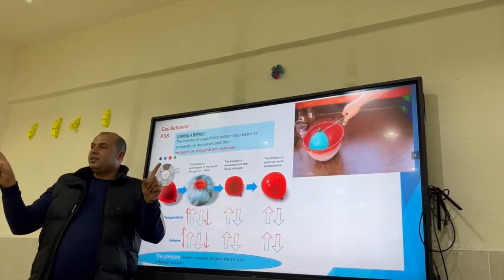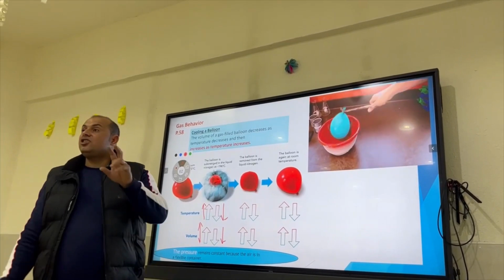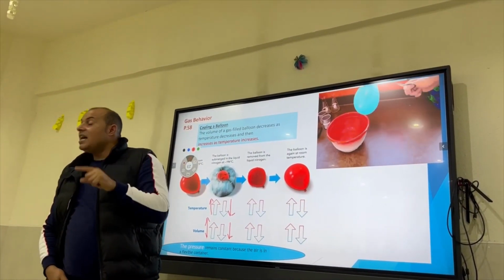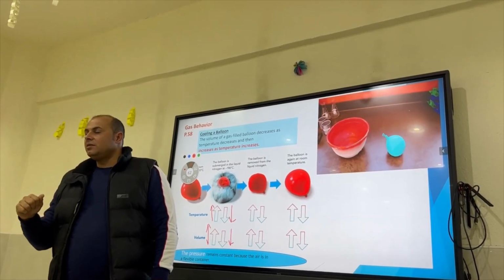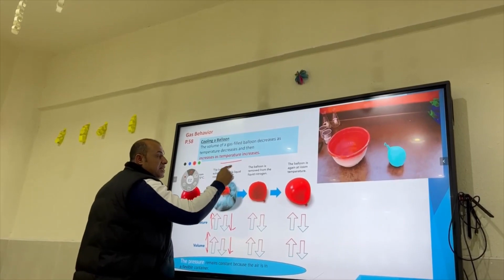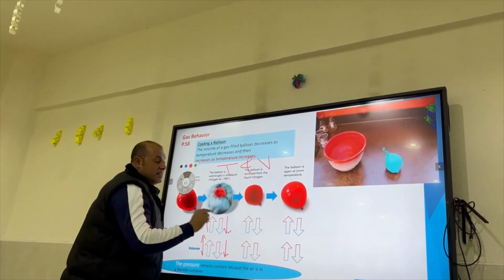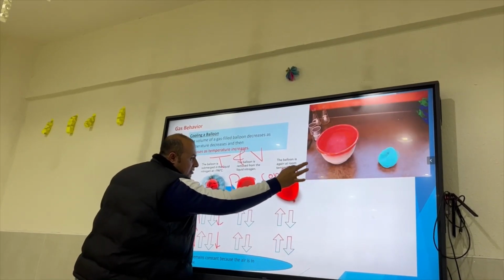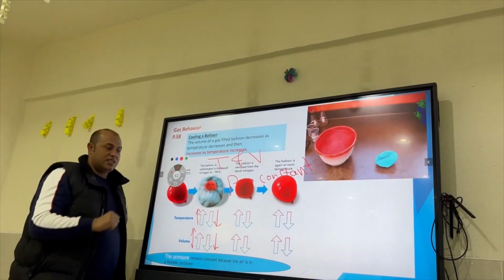In general, if I want to make a relationship between two parameters in gas, I have to keep the third one constant. If I want to make a relationship between temperature and the volume, the pressure must be constant. And the opposite is correct.